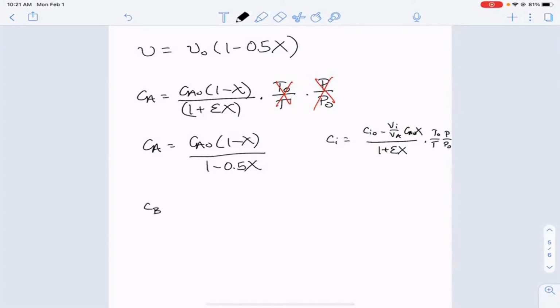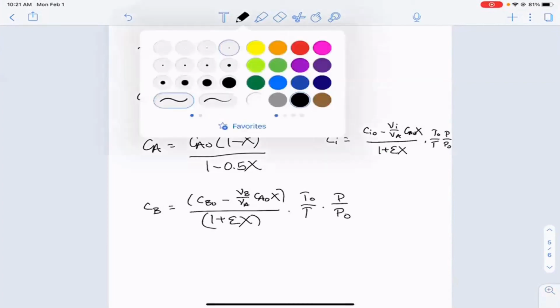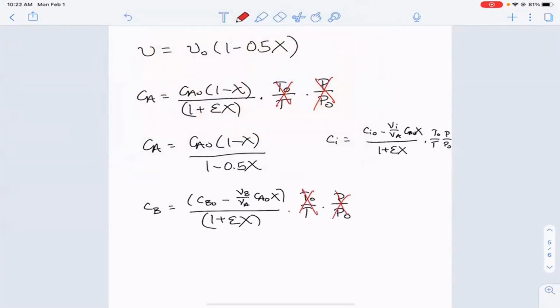So if we do that, then Cb would equal just Cb0 minus the stoichiometric coefficient for B over the stoichiometric coefficient for A times Ca0 times x over 1 plus epsilon x times T0 over T times P over P0. And again, those go away.